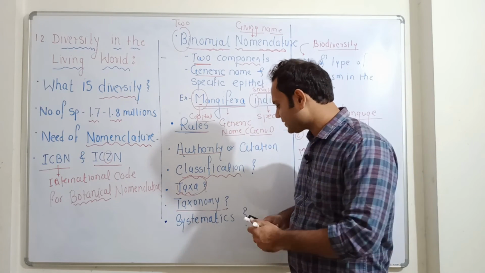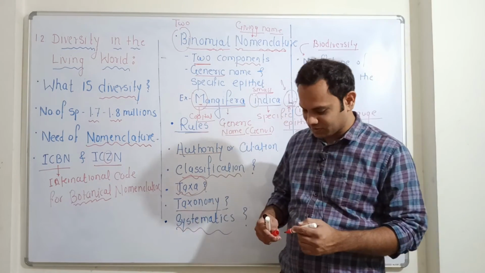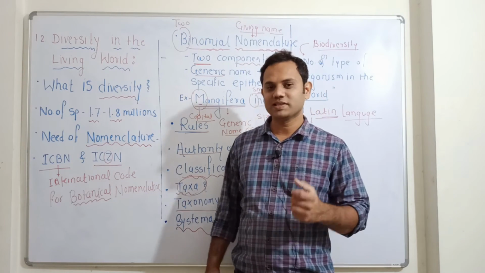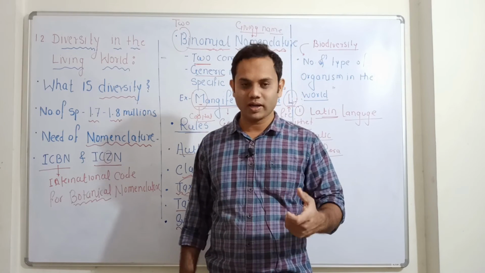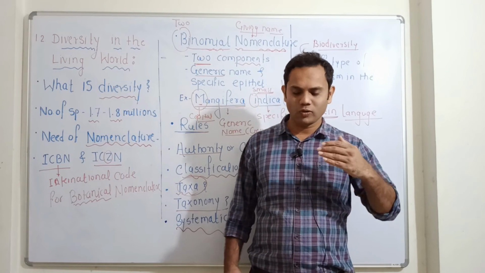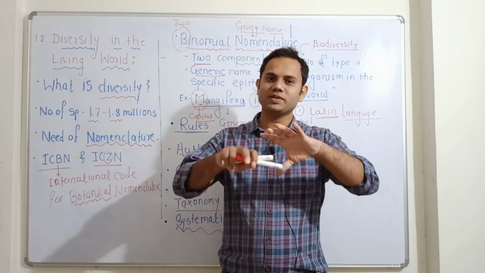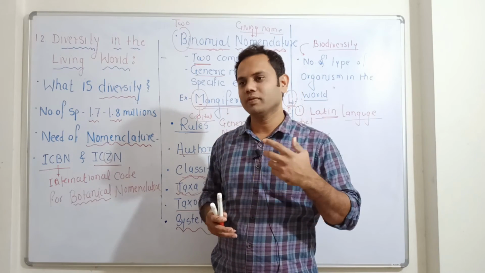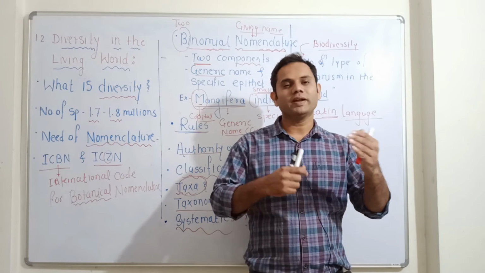Now what is systematics? Sometimes taxonomy and systematics, these words are used synonymously. Systematics is the systematic arrangement of different organisms. Man has always been curious about the different animals present all over the world or in his vicinity.